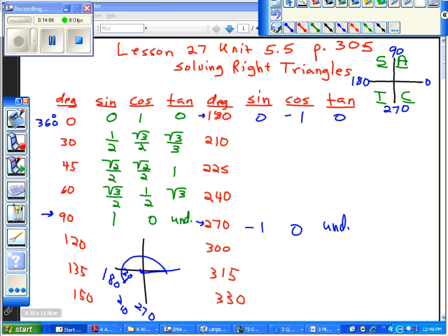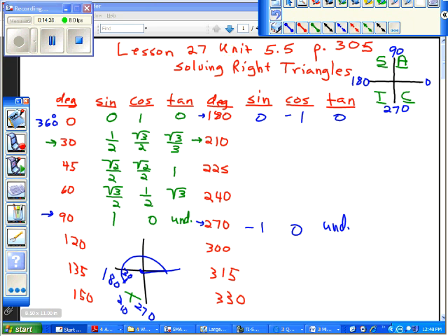So what's my reference angle? 30. If I'm wanting to find sine and cosine of 210, where does that put me? It put me 30 degrees past 180, so my reference angle is 30, and I'm in quadrant 3 where tangent is the only thing positive. A smart trig. Tangent is the only thing positive.